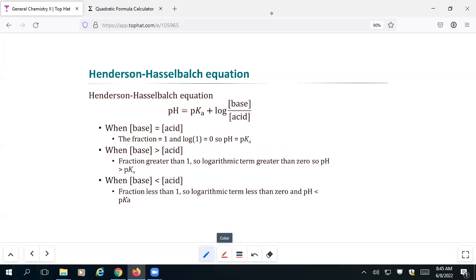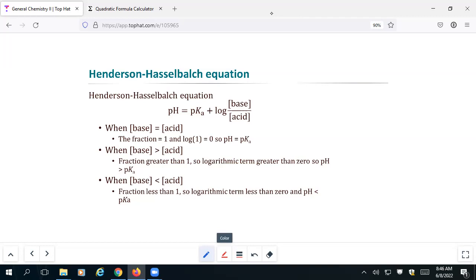So what does the Henderson-Hasselbalch equation actually give us? Well, when those 2 concentrations are the same, when the concentration of the base and the conjugate acid are equal to each other, that fraction becomes 1. And the logarithm of 1 is equal to 0. And so if that happens, then all that's left in the Henderson-Hasselbalch equation is pH is equal to pKa.